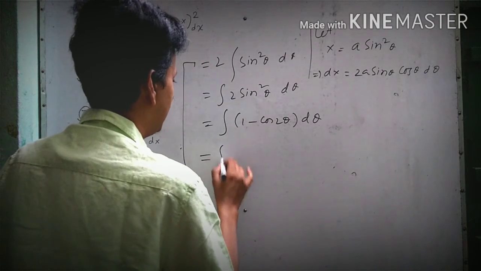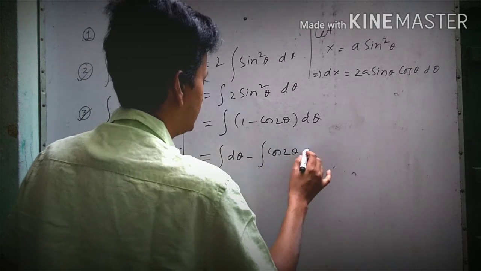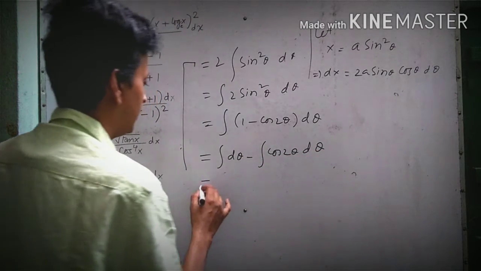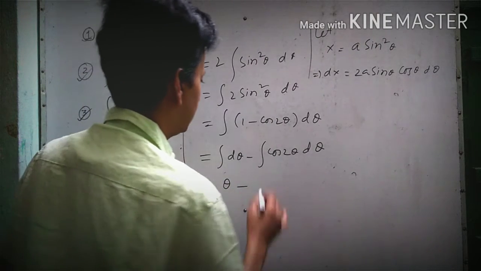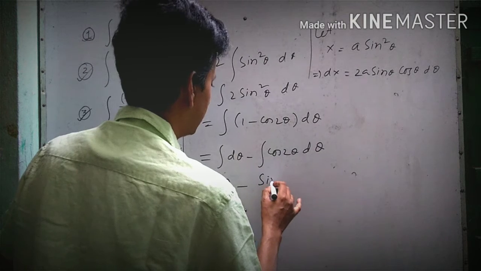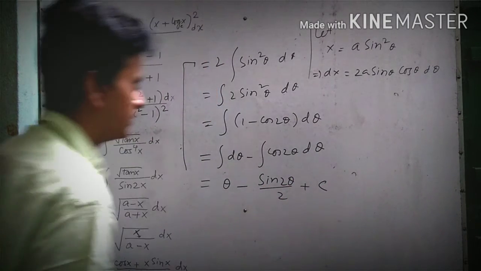We can write this as integration of d theta minus integration of cos 2 theta d theta. So we get integration of d theta equal to theta minus integration of cos 2 theta, that is sin 2 theta by 2 plus c.